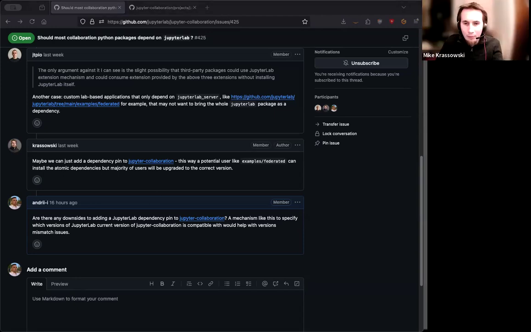So very briefly to clarify, we would not want to pin individual packages, but just the Jupyter collaboration meta package. And I think that we do not know of any disadvantage of doing that. So in my opinion, it's a one line change.